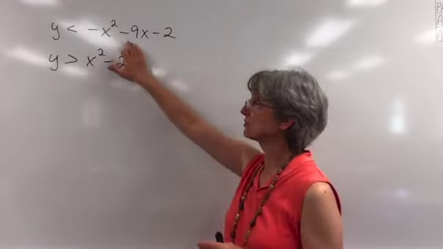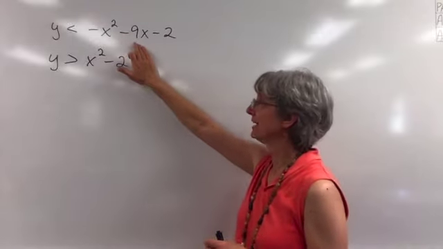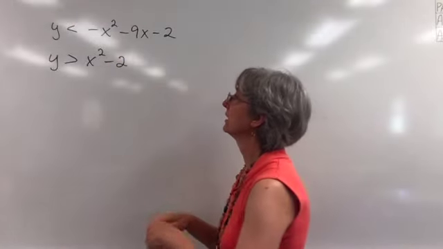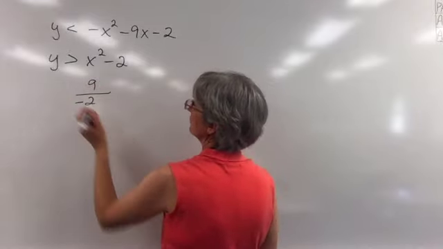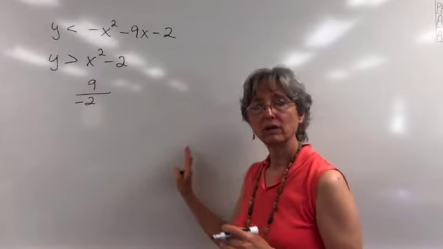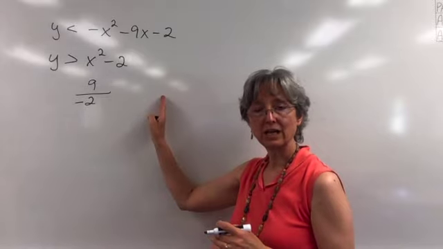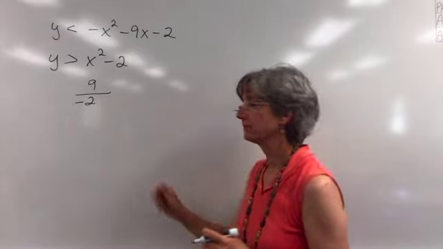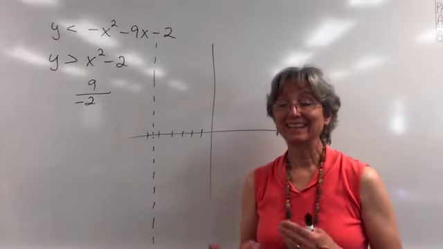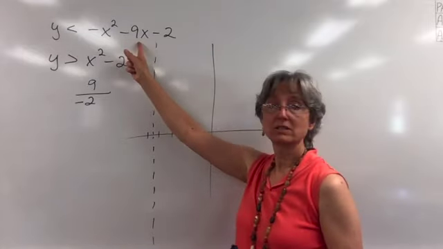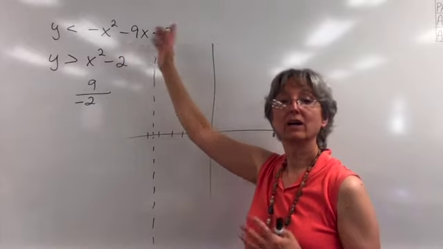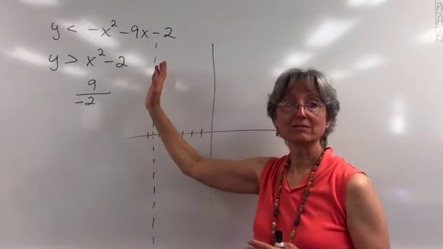So let's look at this first one right here. We have -b over 2a, which is positive 9 over -2. So our x will be -4.5. And so I plug in -4.5 to these to see what the y of my vertex is.